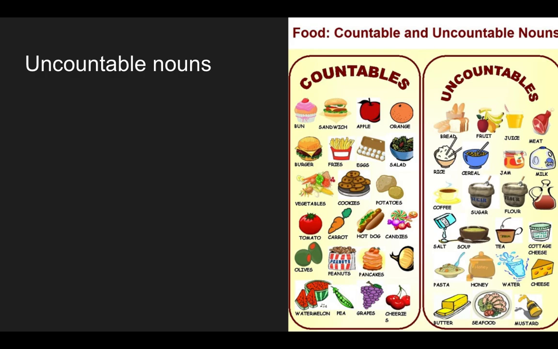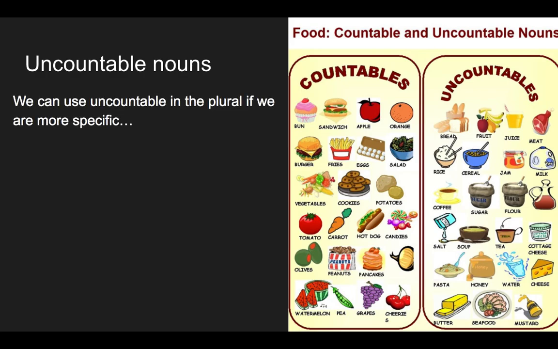Okay, so with uncountable nouns, so these ones on the right, the bread, meat, rice. If we're a bit more specific, we can use them in the plural, not the noun, but the thing how we refer to it.